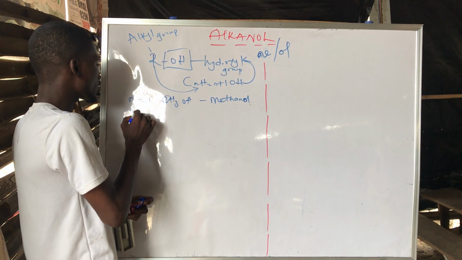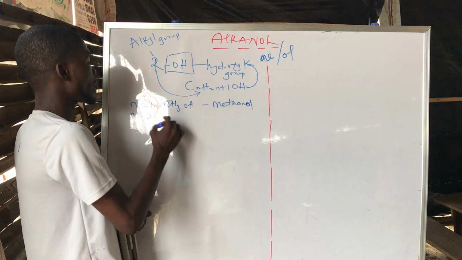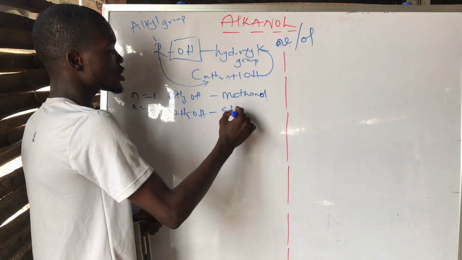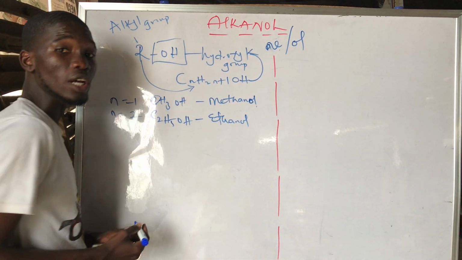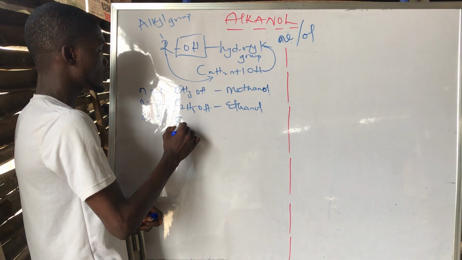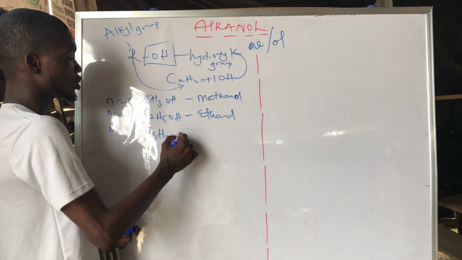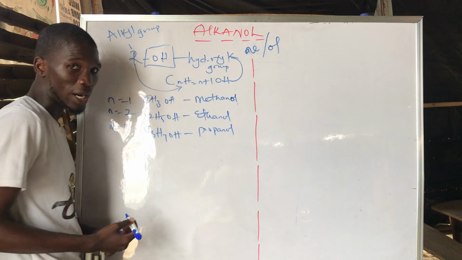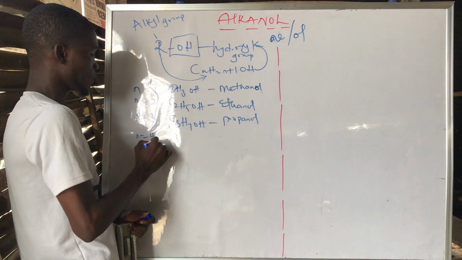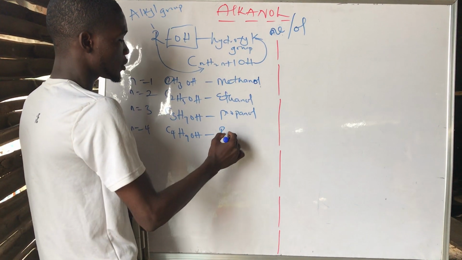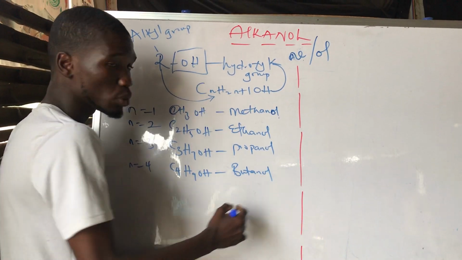Methanol. So when n is equal to 2, we have C2H5OH, which is ethanol. The next one is when n is equal to 3, we have C3H7OH, which is propanol. When n is equal to 4, we have C4H9OH, we have butanol.